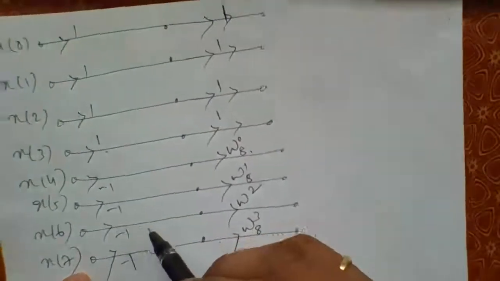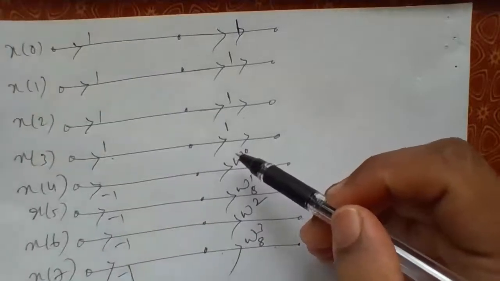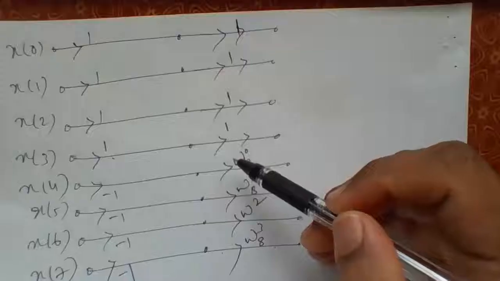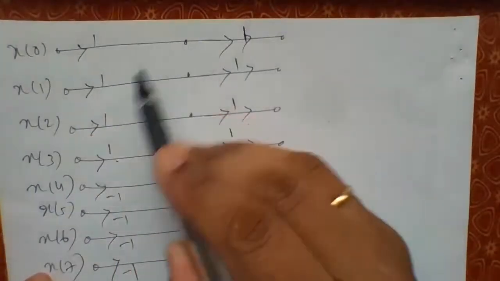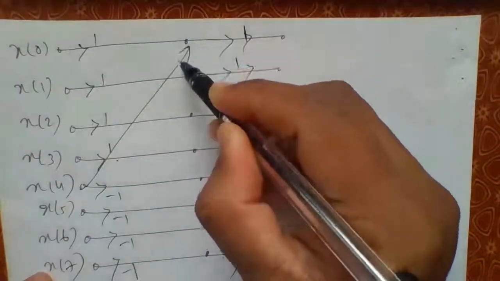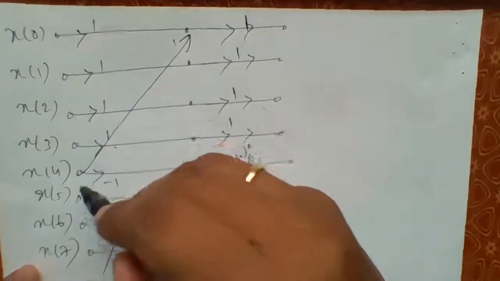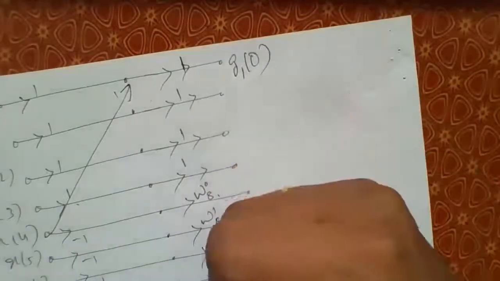So now what is G1 of 0? G1 of 0 is the addition between x of 0 and x of 4. So directly it is joined with the branch, gain as 1. Here I am writing G1 of 0.